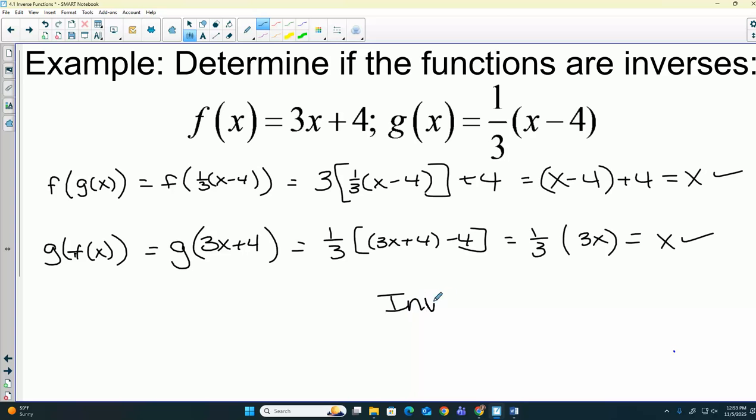So these are inverses. So if one works, you have to check the other one. If the first one doesn't work, you can stop and say they're not inverses. All right. Do we have questions on checking to see if functions are inverses?